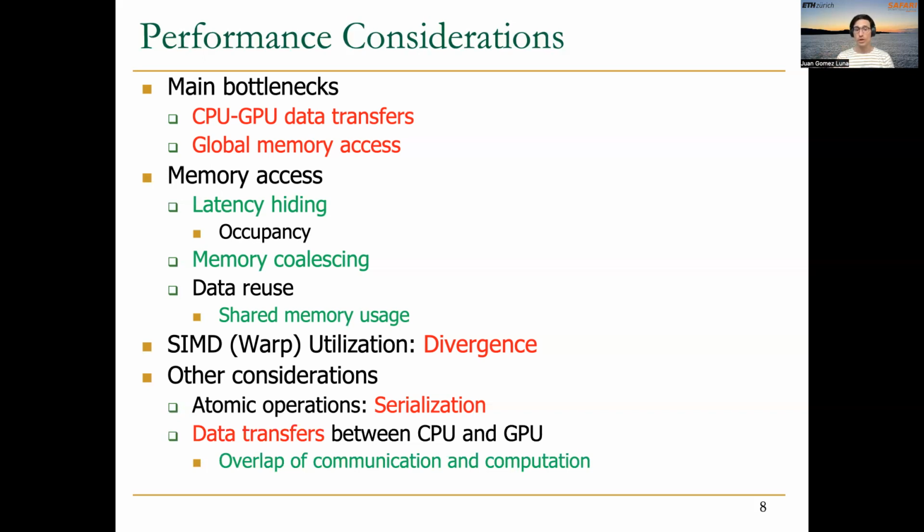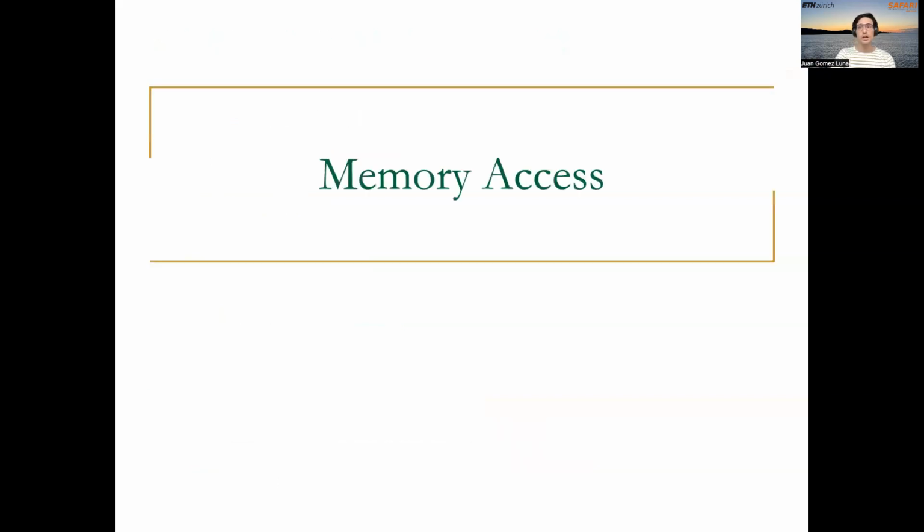Whenever we have different chunks of data that are independent of each other, we can partition the computation in a way that first, we move a chunk of data, we start operating on that chunk of data, and at the same time, we start moving the next chunk of data. This way, we manage to overlap computation and communication, and in the end, we will see performance improvement in our program.